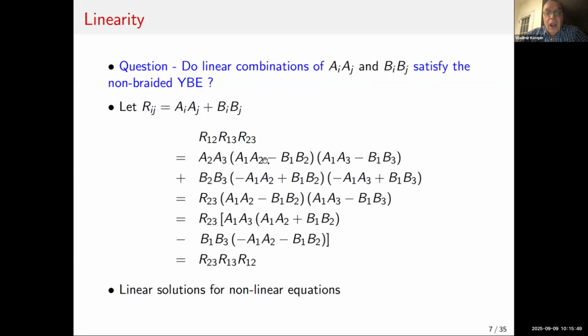Each time I move A through B, I get some minus signs. On the other hand, there is an even number of transpositions, so minus 1 eventually gets squared to plus 1, and the left-hand side is identical to the right-hand side. So this is the solution. And actually, I can change the coefficients in front of A and B by some complex numbers. So this is just a solution.